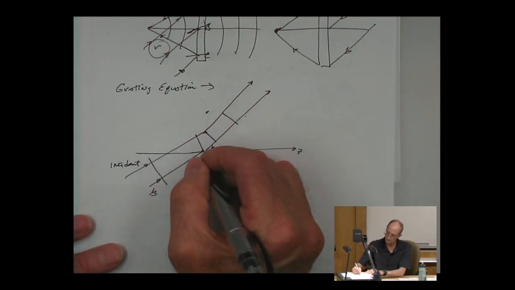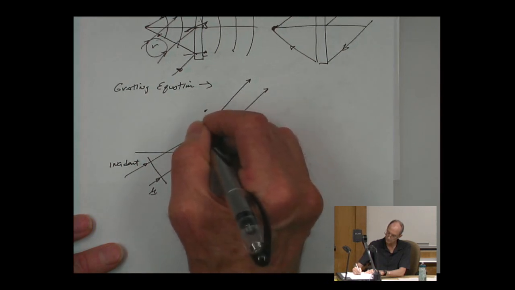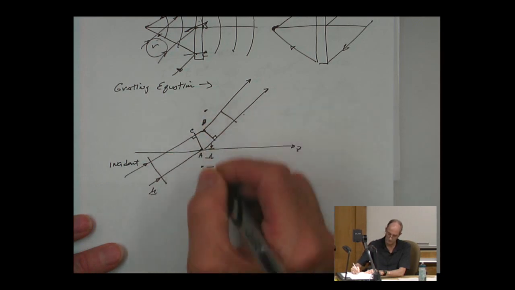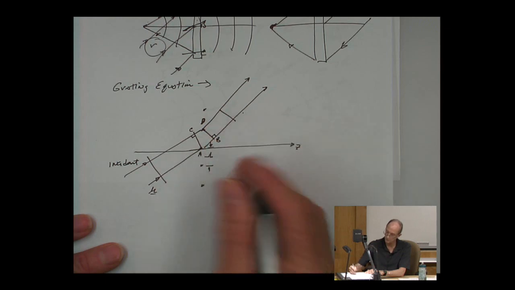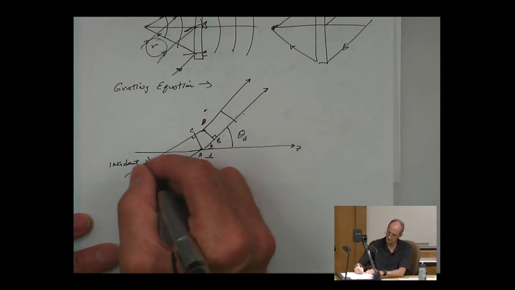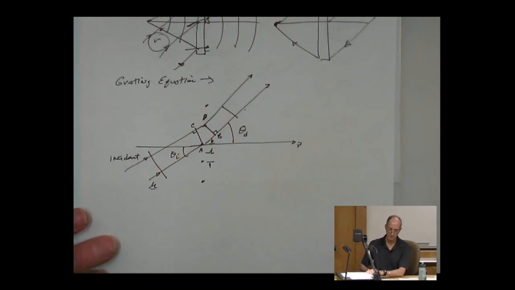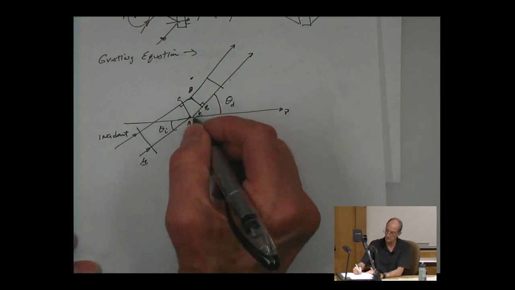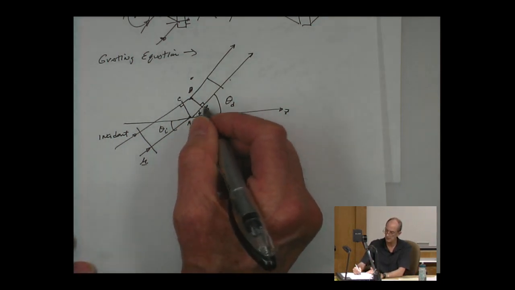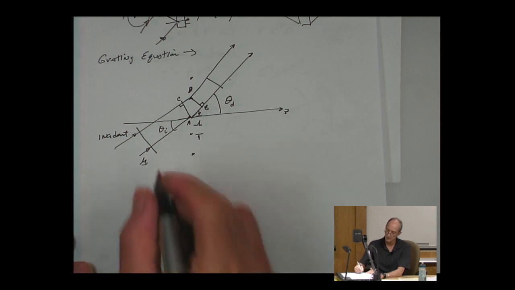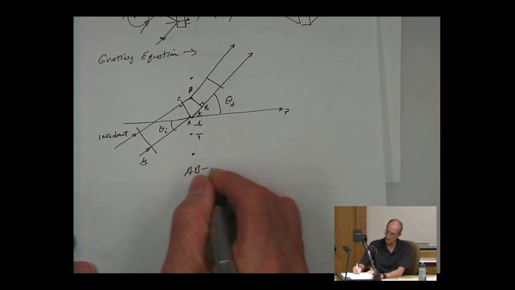So here we have A and D, and C, this is perpendicular, this is perpendicular, so we have another point B. And so we're moving out and looking in different directions. Here's theta D, and this is theta I coming in. If we look at the two path lengths, we have a path length difference between this ray and this ray on the top, between those two sets of scattering points. So we have AB minus CD.